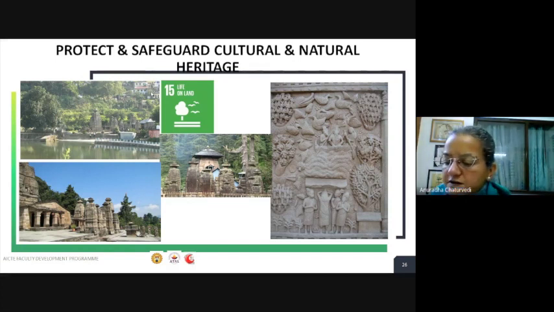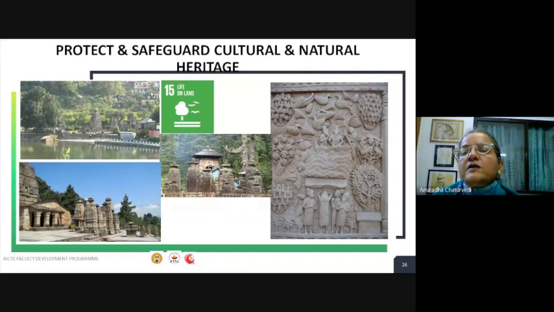So, Sustainable Development Goal 15, Life on Land, talks about protection, restoration, and promotion of sustainable use of our terrestrial ecosystems, the necessity to reverse land degradation, and the necessity to ensure harmonious development in relation to the natural resource base.